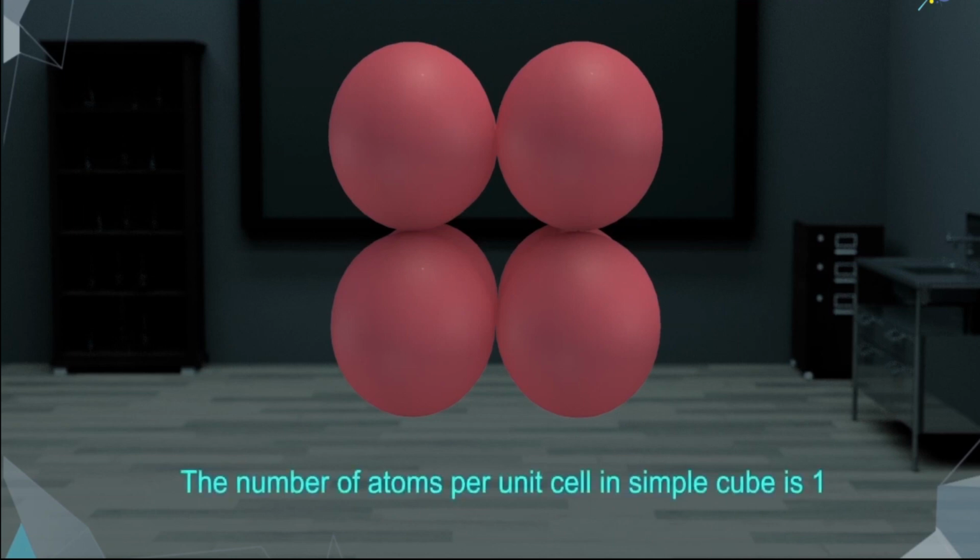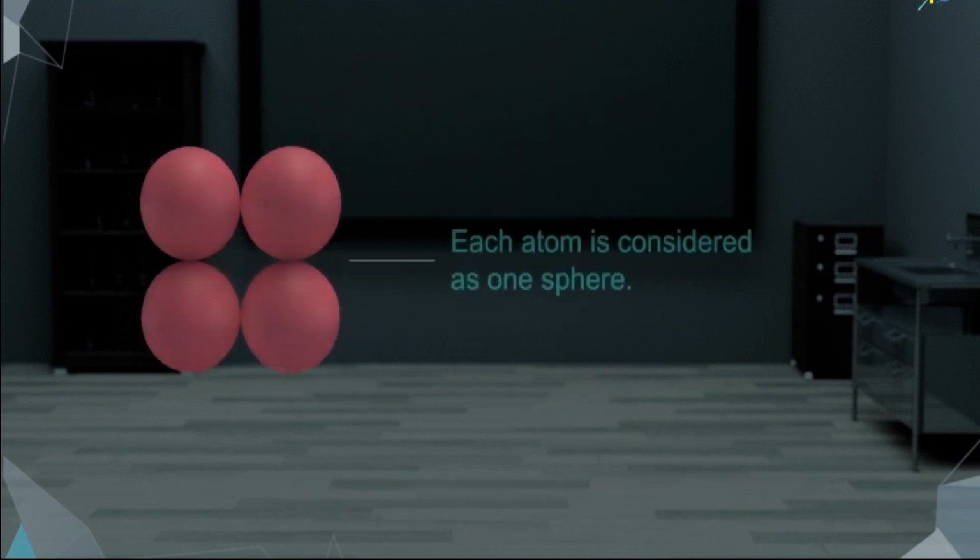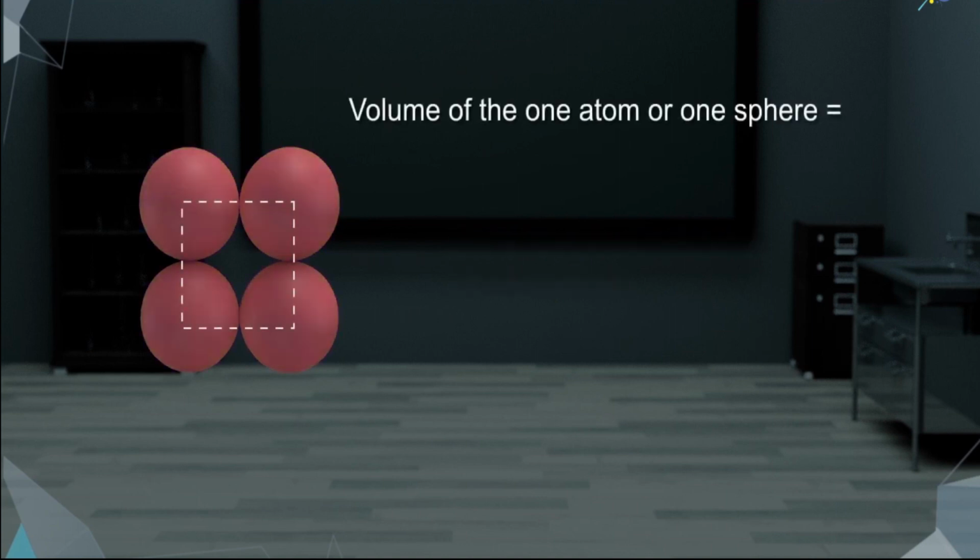The number of atoms per unit cell in a simple cube is 1, that is the rank. Each atom is considered as one sphere. The volume of one atom or one sphere is equal to 4/3 πr³. Edge length is a and small r is the radius of one atom or sphere.